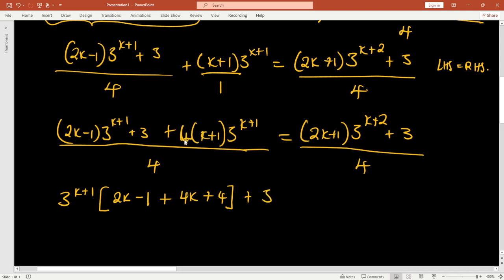I've just expanded 4 times k, we get 4k, 4 times 1 we get a 4, then everything is divided by 4. Then this side, I'll keep it the way it is for now.